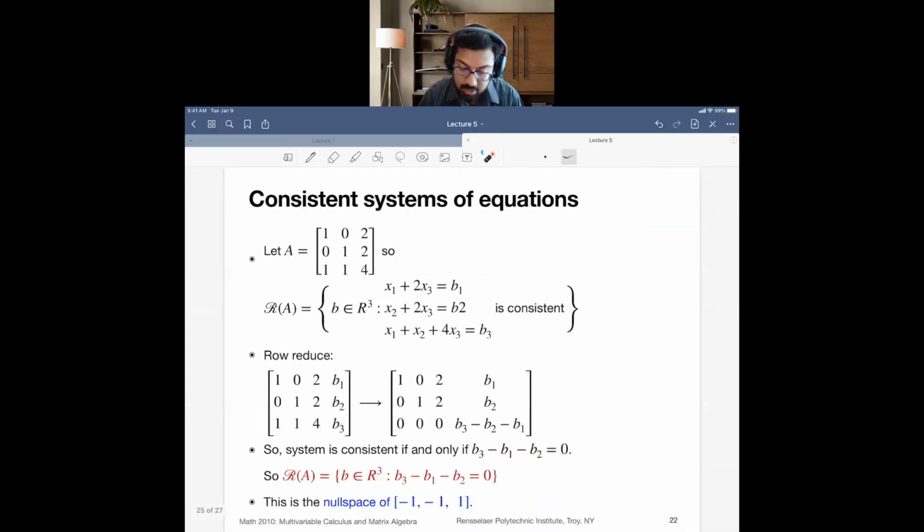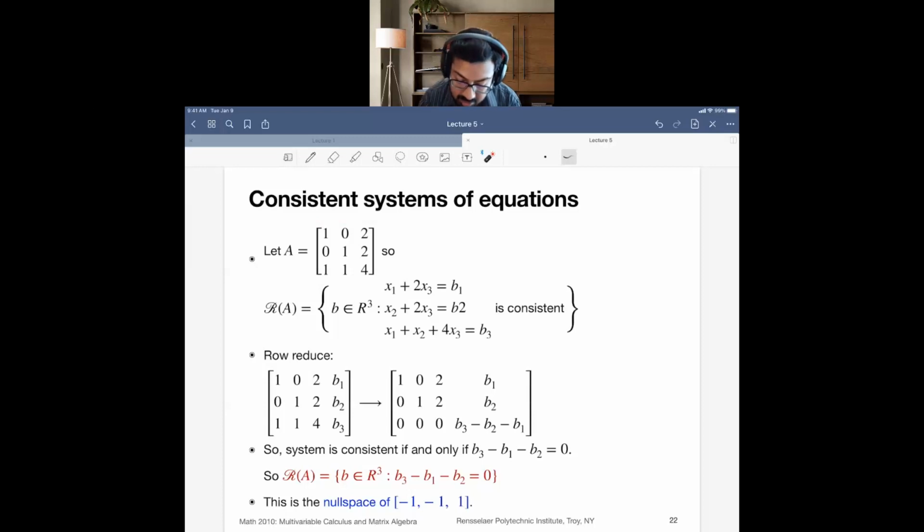Let's move on. Let's take a look at consistent system of equations. I have a coefficient matrix over here, A. I'm going to look at the range where the right hand side constants, I'm going to get some condition for the right hand side constants to make it a consistent system of equations.